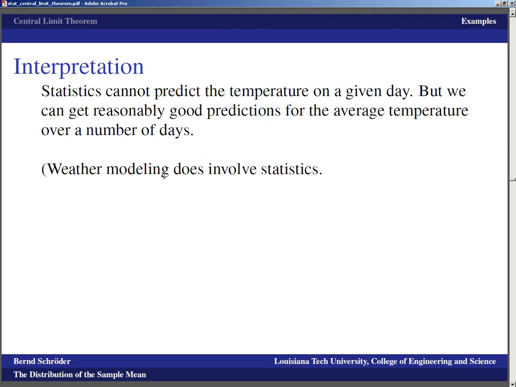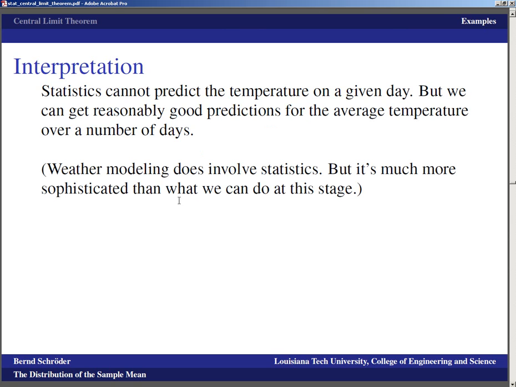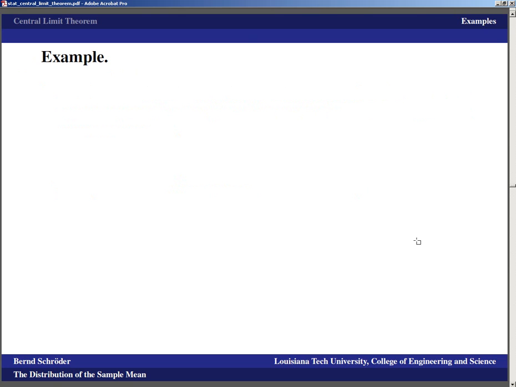And of course, weather modeling, which tells you what the temperature is going to be tomorrow, does involve statistics, but it's much more sophisticated than what we can do at this stage, because it involves actually by now GPS positioning of storm systems and the like, where a lot of stuff is statistical and then a lot of stuff is deterministic with a slight statistical component, because you can predict the paths of storms, at least where you think it's most likely to go, and then you can say it's less likely to go in certain directions, and that gives you usually then a temperature range for certain places that are more or less far away from where that weather system is moving.